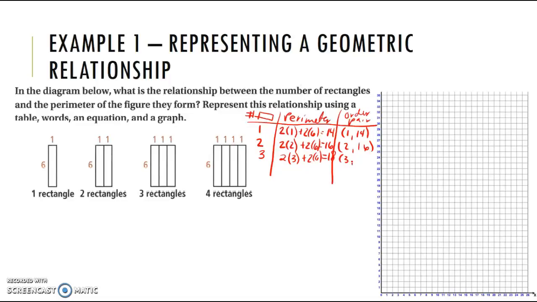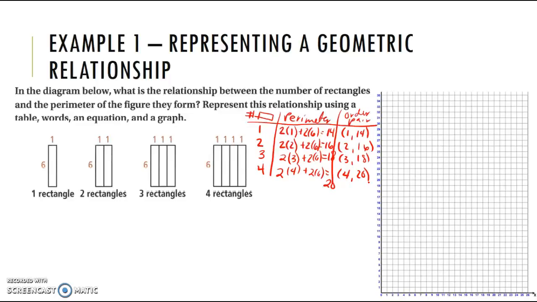So then our ordered pair is 3, 18. And then our last one here, when we have 4 rectangles, we're going to take 2 times 4 plus 2 times 6. And 12 plus 8 gives us 20. So our last ordered pair for this, anyway, is 4, 20.